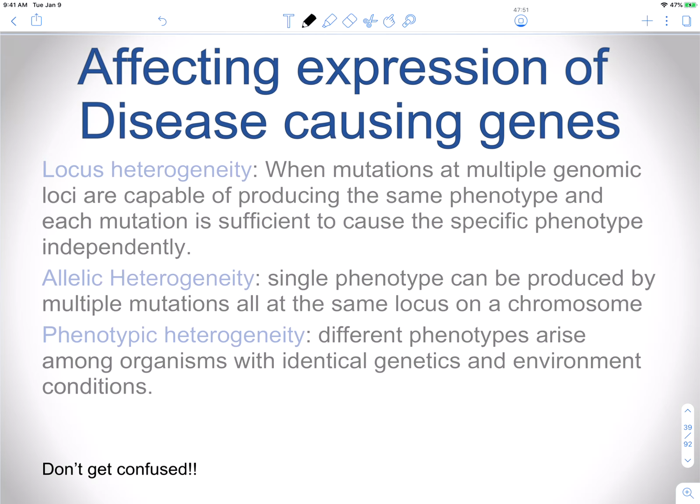And that was what we were discussing earlier, where you can have the same mutation but a different presentation of the disease. That different presentation, in PKU, phenylketonuria, for example, is going to be caused by different effects of different modifier genes. So you have the same mutation and you can have different phenotypes.